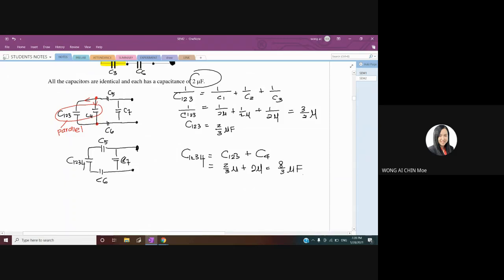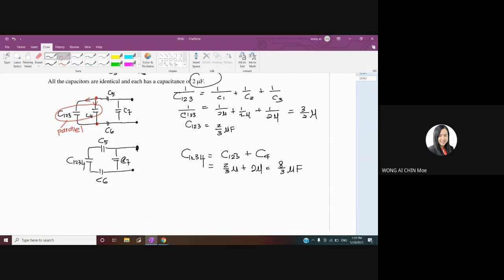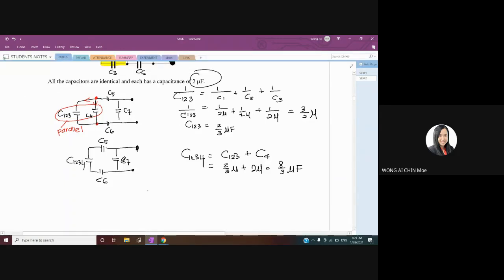Okay, after that we continue, because we need to simplify until only one effective capacitor is left. So again, we look at the junction here. C5, C1234, and C6 are actually in one wire.